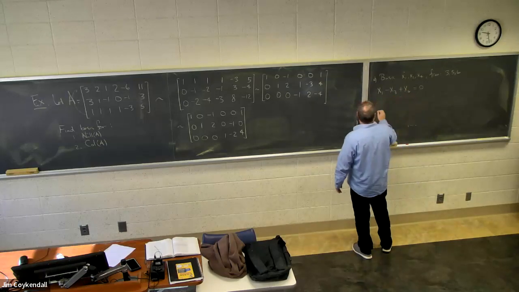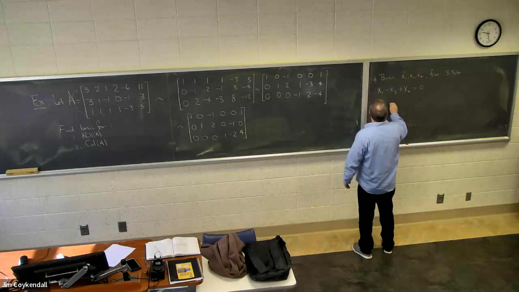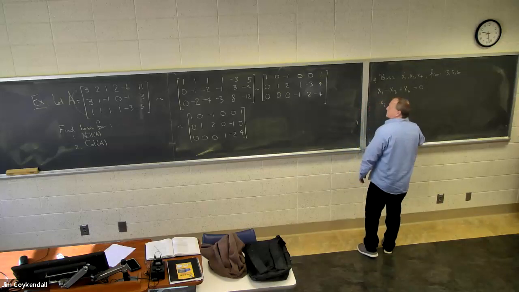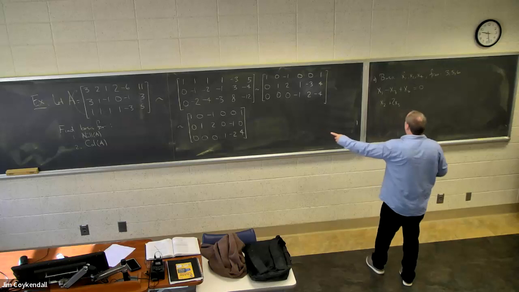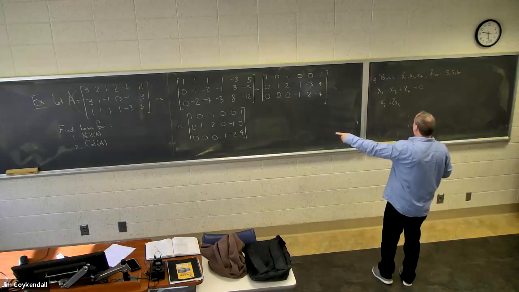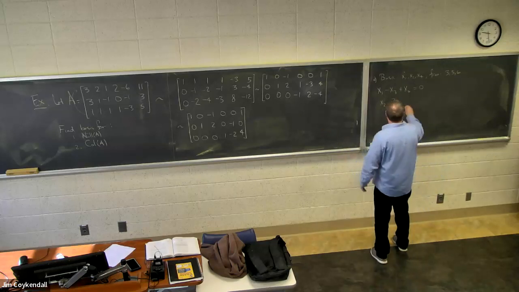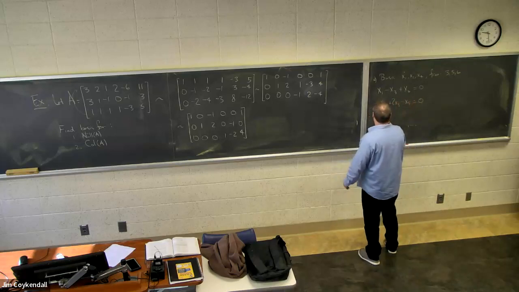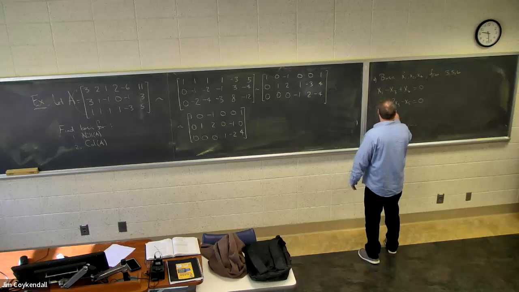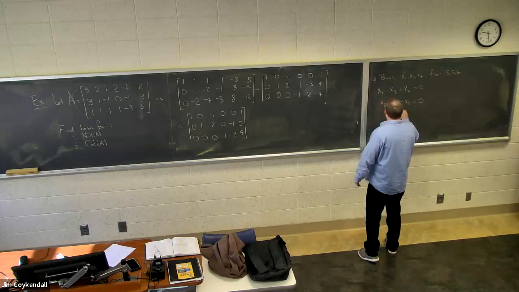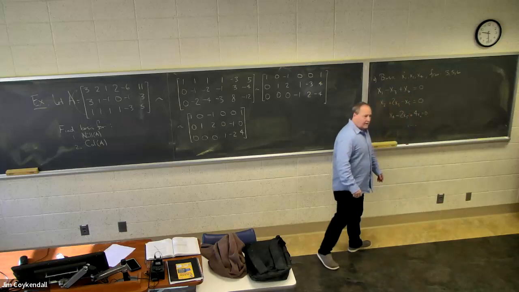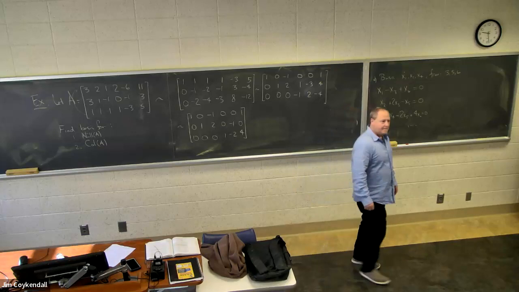The second equation is x2 plus 2x3 minus x5 is equal to 0. And finally, the last equation is x4 minus 2x5 plus 4x6 equals 0. Right? Everybody okay with that?